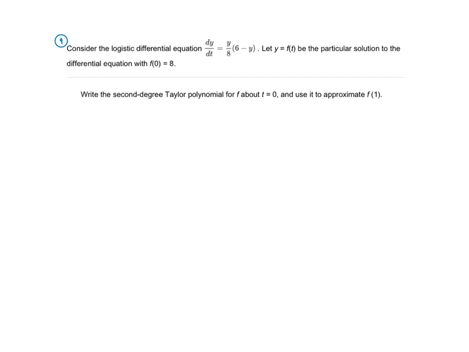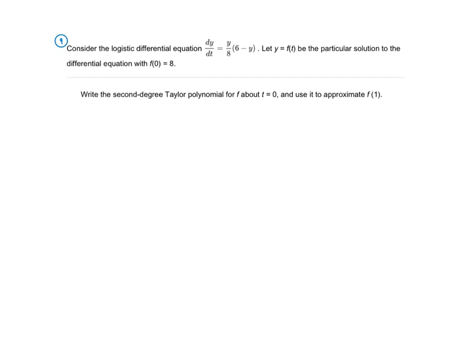Okay, so remember, a second degree Taylor polynomial will be one where t squared is the biggest exponent, basically. Remember with these Taylor polynomials, the most important thing is finding the derivatives.